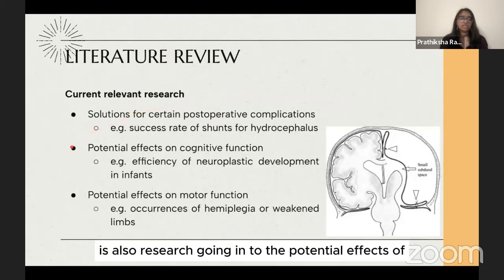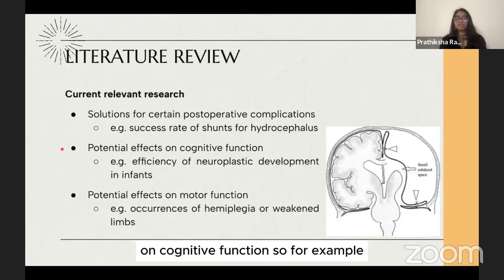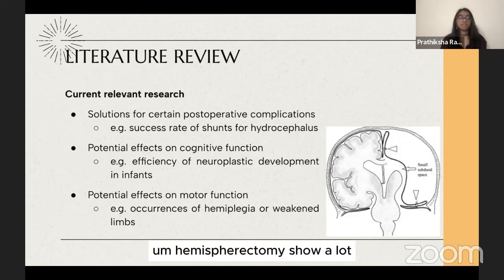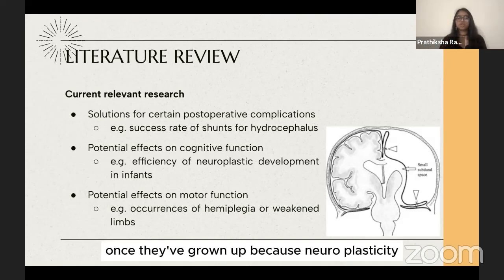There is also research going into the potential effects on cognitive function. So for example, the efficiency of neuroplastic development in infants. So infants, that is patients 2 years or younger who receive this hemispherectomy, show not a lot of cognitive difference in ability with other adolescents their age once they've grown up, because of neuroplasticity, which is the brain's ability to regenerate neurons and kind of take over for the neurons that it's lost in that missing hemisphere over here.